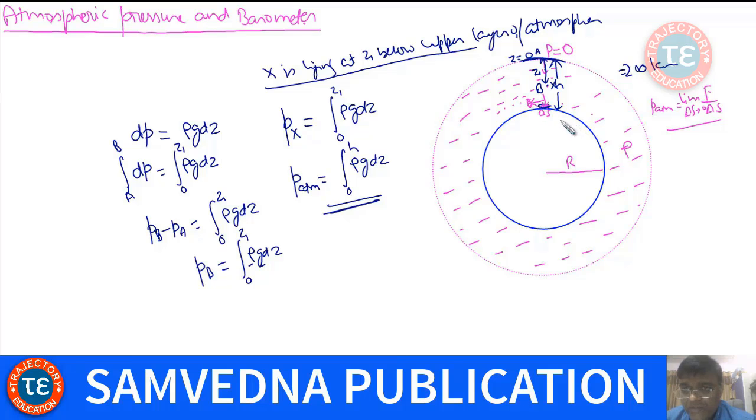Force due to any pressure always acts perpendicular to the surface, so the surface can be anything, and the force will be in the perpendicular direction. So F by delta s, with delta s tending to 0, gives you P atm. This is how P atm is defined.